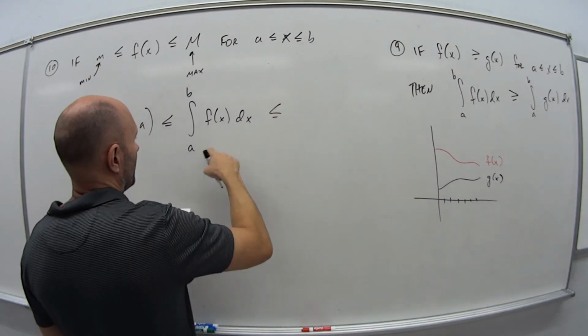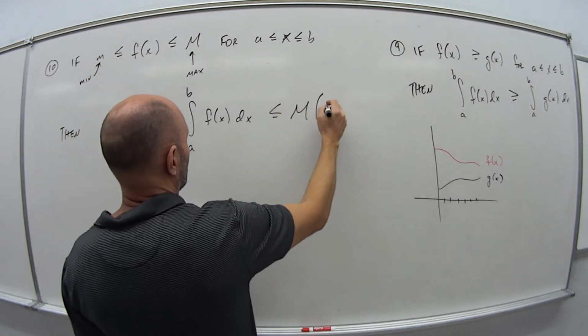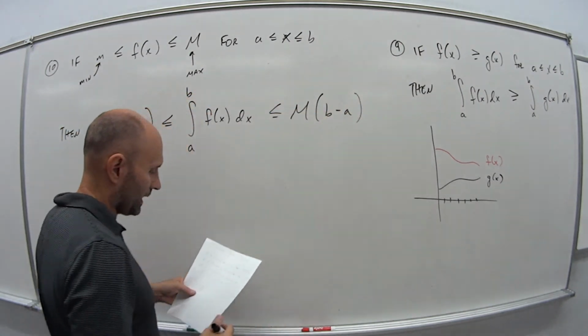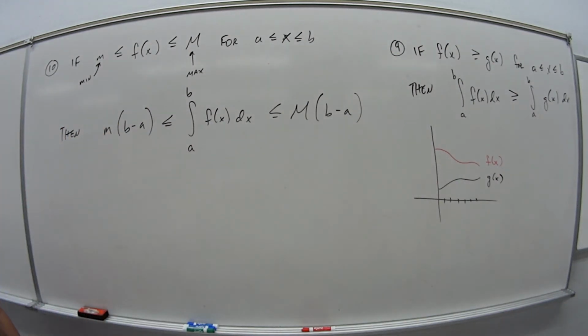And that value is less than the max number multiplied by the interval length.